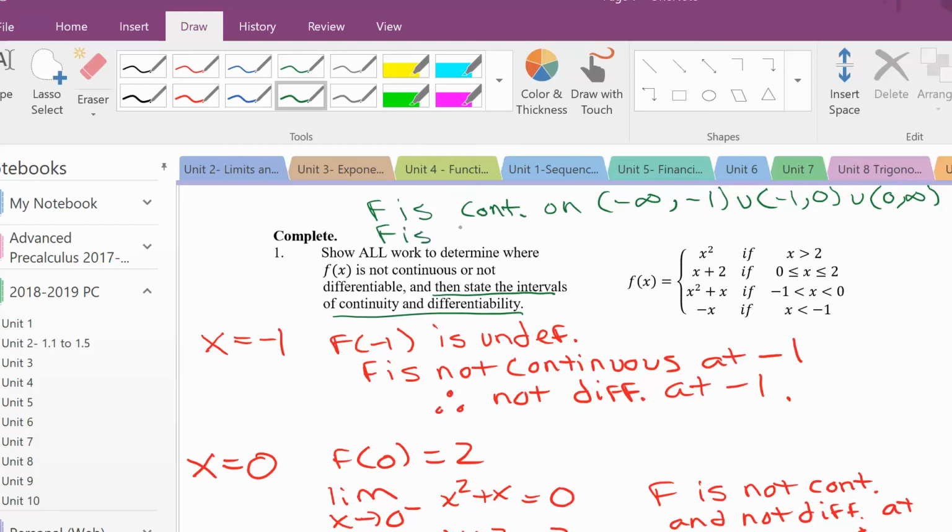However, it's differentiable from -∞ to -1, -1 to 0, 0 to 2, and then 2 to infinity, because it's not differentiable at 2, but it is continuous.